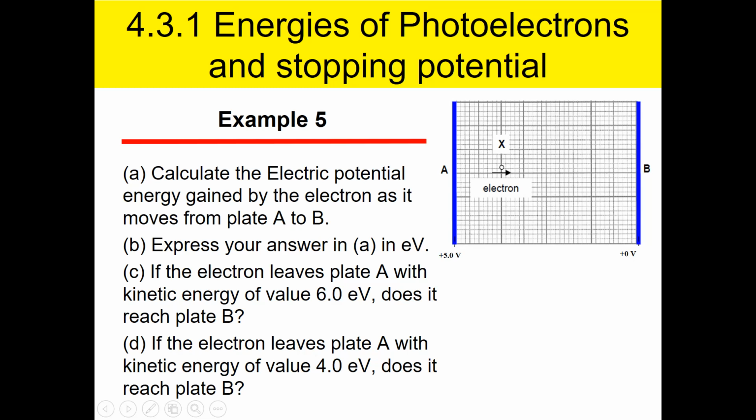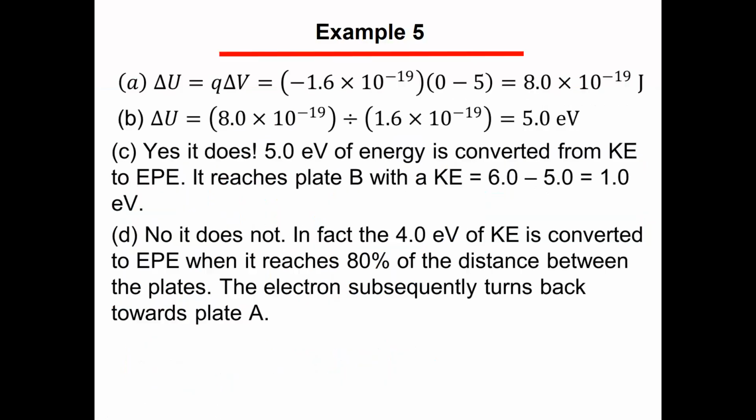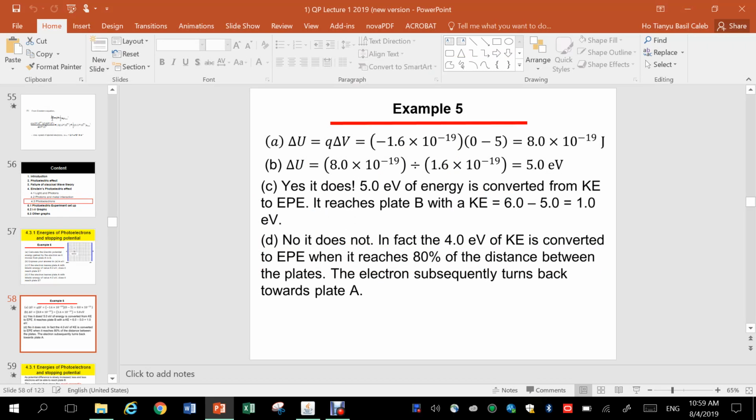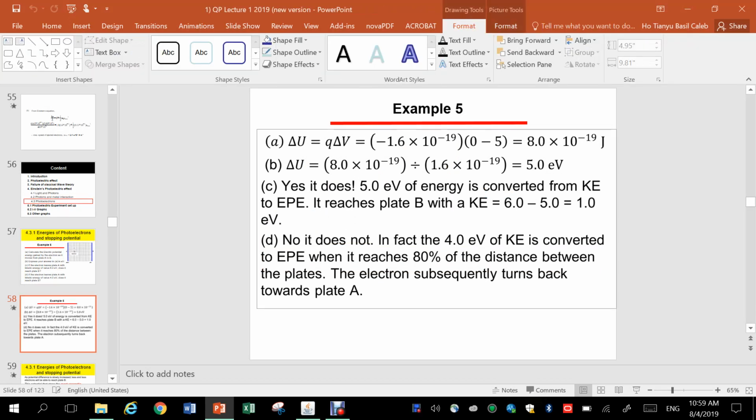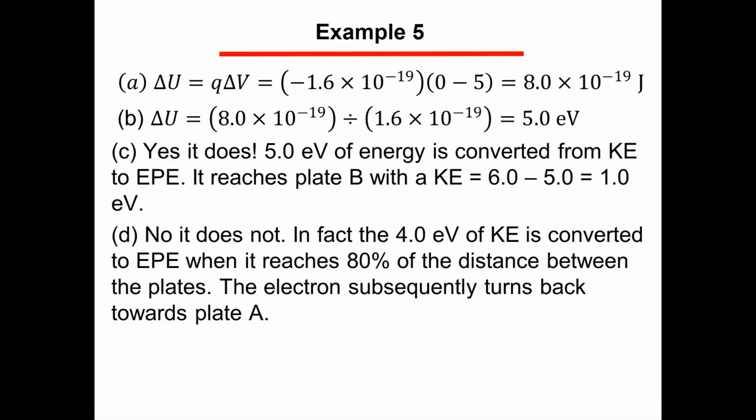So, let's recap. What is the electrical potential energy gained by the electron as it moves from plate A to B? So let's look at the first one first. The change in potential energy is the charge times the change in potential.